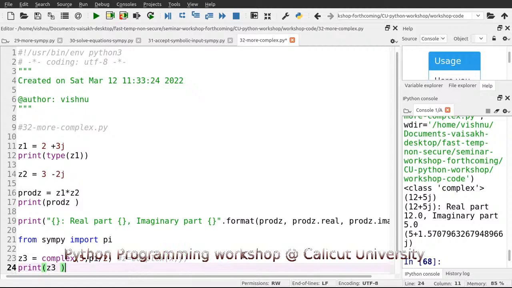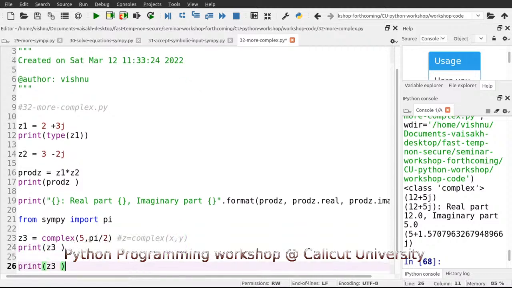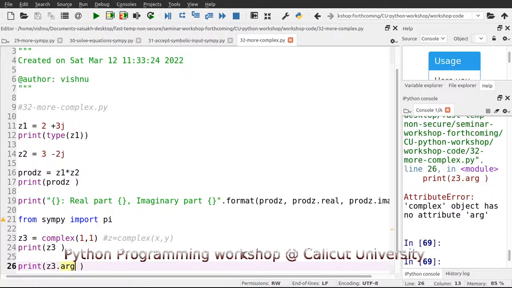So to find out the argument, for example, suppose we define the point to be 0, 1, or 1, 1. I don't know if this is a command that works.